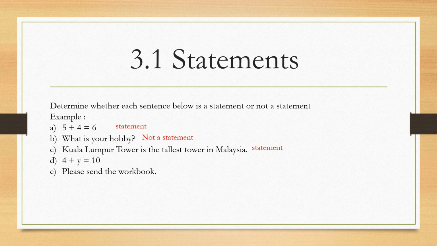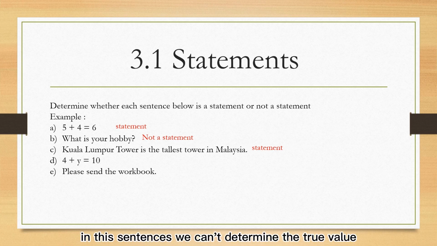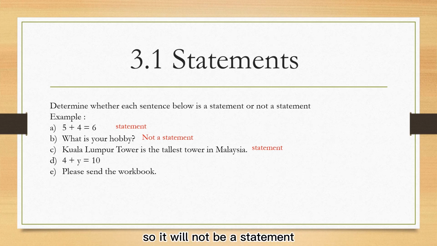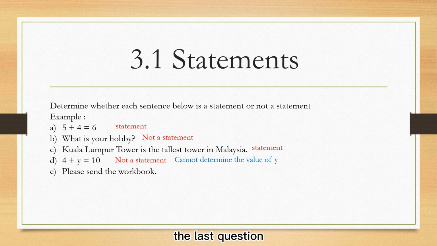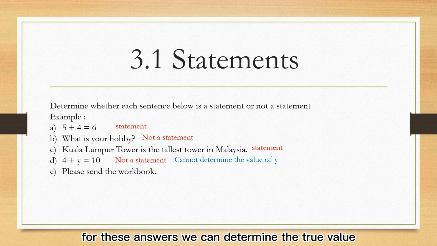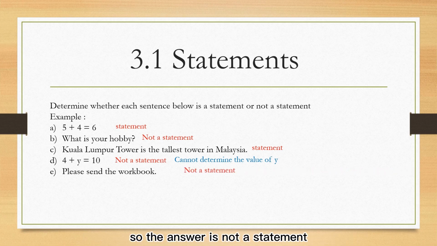Question D. 4 plus y equal to 10. In this sentence, we can't determine the true value, so it is not a statement, because we cannot determine the value of y. The last question. Please send the workbook. For this sentence, we can't determine the true value, so the answer is not a statement.